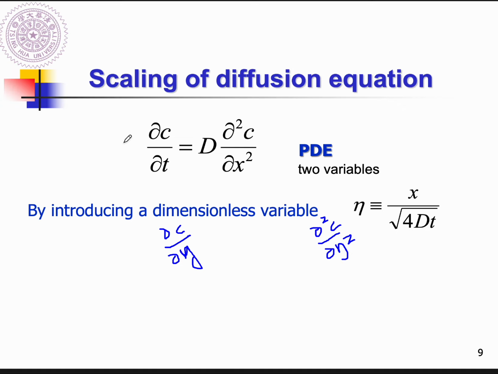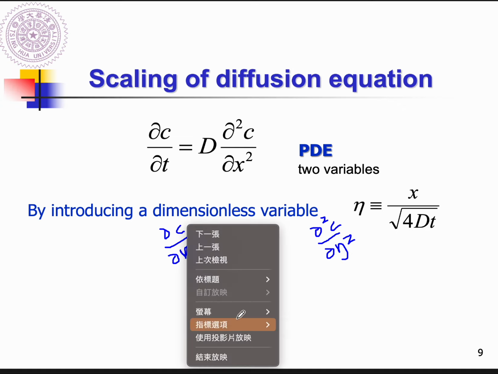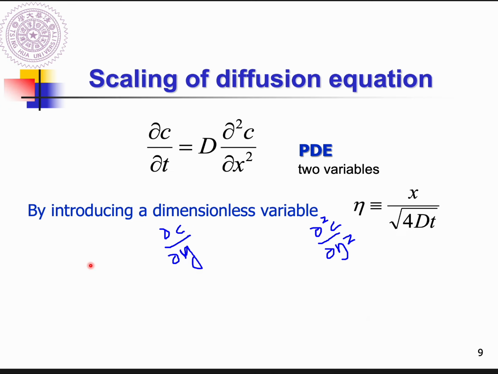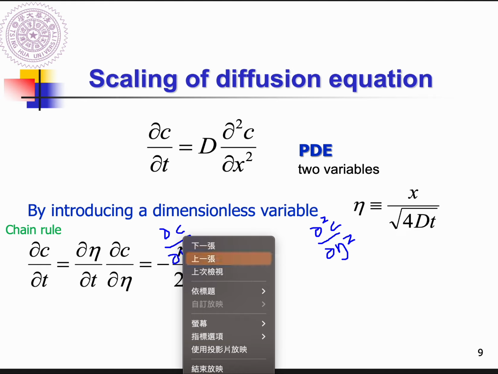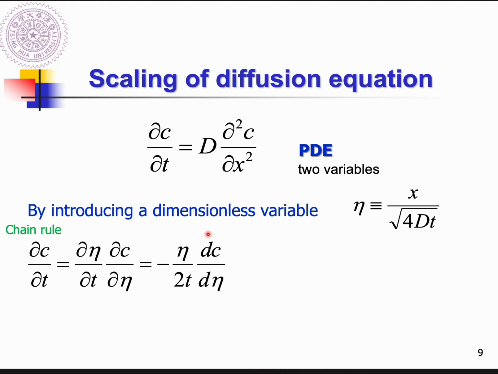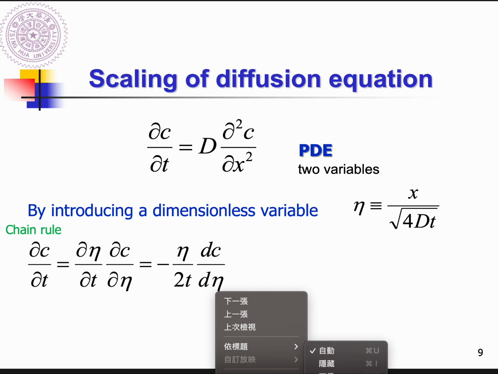So how to convert this to here? First of all, we are going to use the chain rule equation. So what's the chain rule equation?